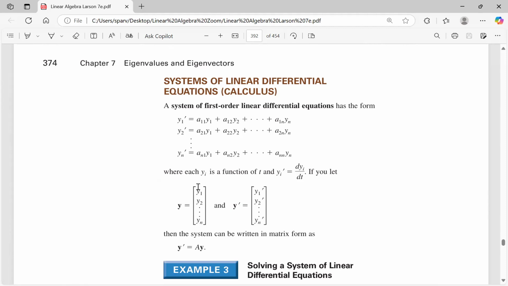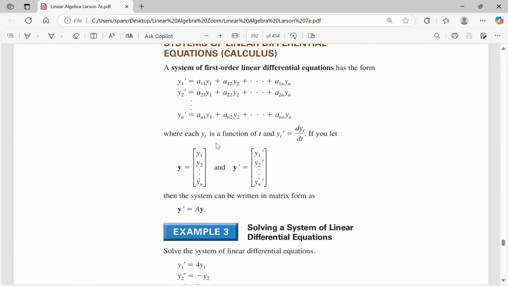Nonetheless, that's our first order system. Here the matrix Y is the matrix of solutions. Y is the solution to the system: Y1, Y2, dot, dot, dot, Y sub n, and these are the derivatives that go with this. Remember, to solve a differential equation means to find the Y values here.